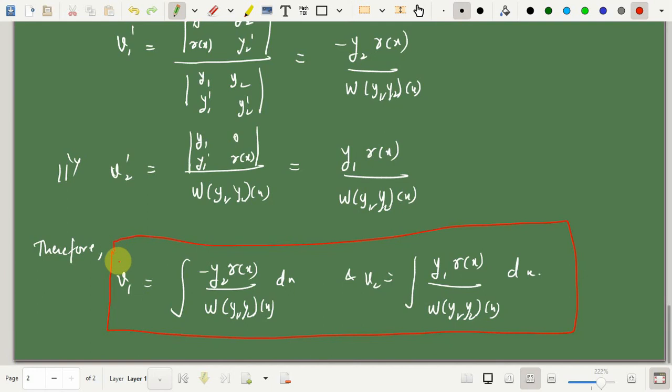So now you substitute this v1 and v2 in the particular solution.